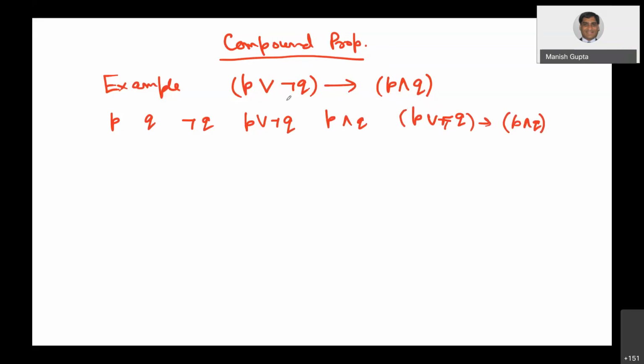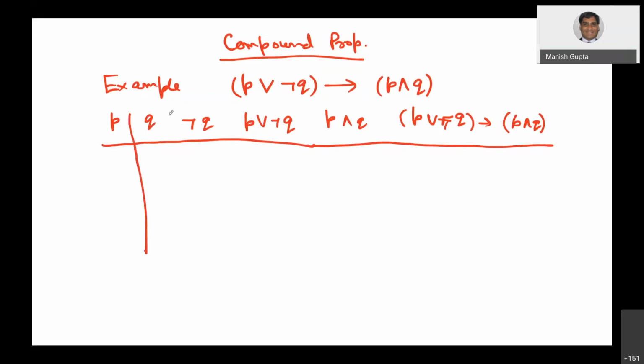Depending upon whether this is true or false, we can arrive at the conclusion. Many times in these truth tables we are writing true and false. In some books you will find binary notations 1 and 0 as well.